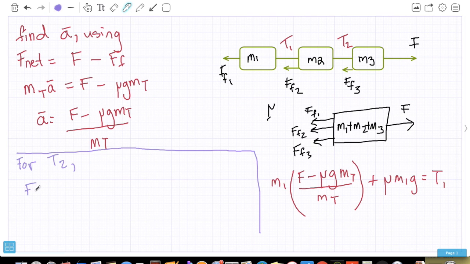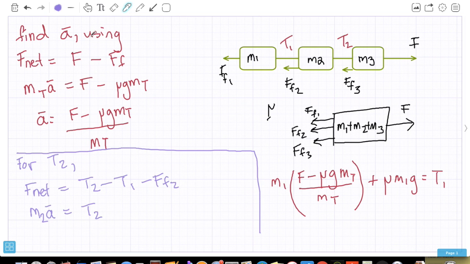FNet is equal to, we have T2 going to the right, we have T1 going to the left, and we have the force of friction 2 going to the left. So T2 has to be large enough not only to overcome the frictional force, but also to overcome the inertia of block M1, which wants to stay behind. So we have our FNet is equal to M2A, because that's the block we're interested in right now. That's what our FNet statement is about. And that's equal to T2, which we're trying to find.